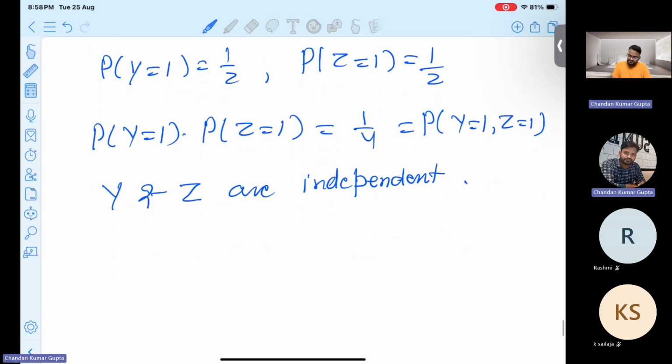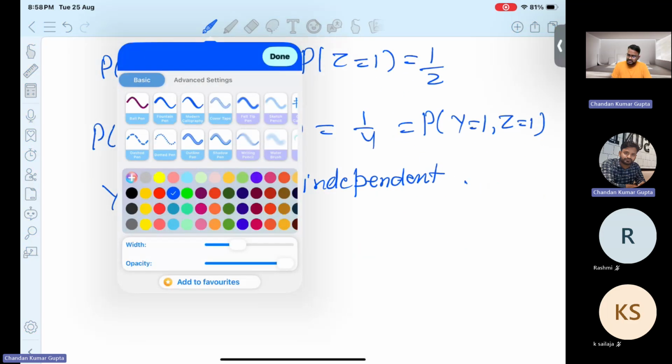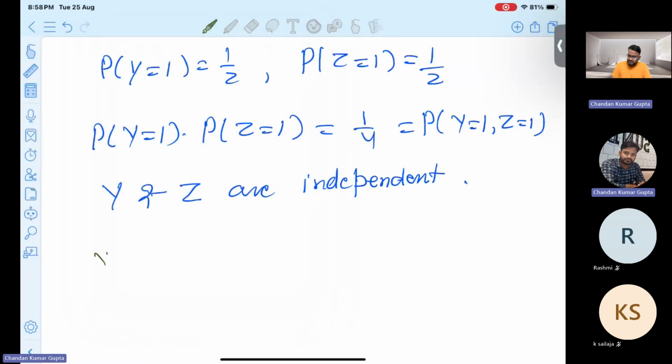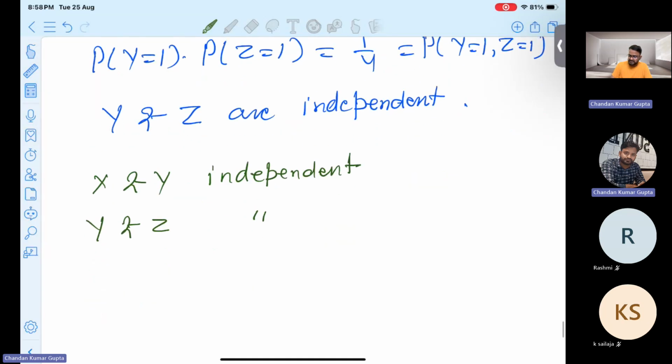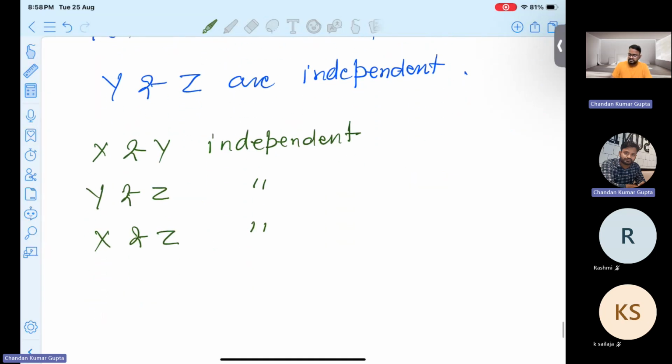So we can conclude something like this: x and y independent, y and z independent, and x and z independent.